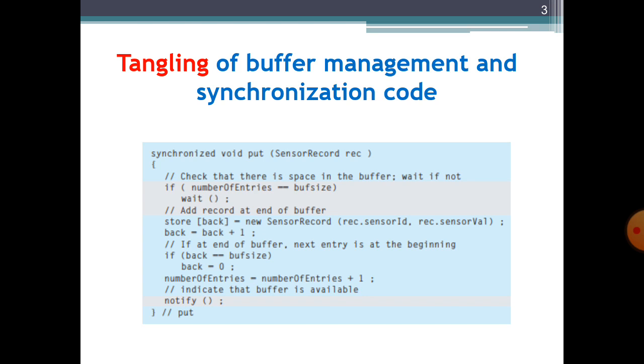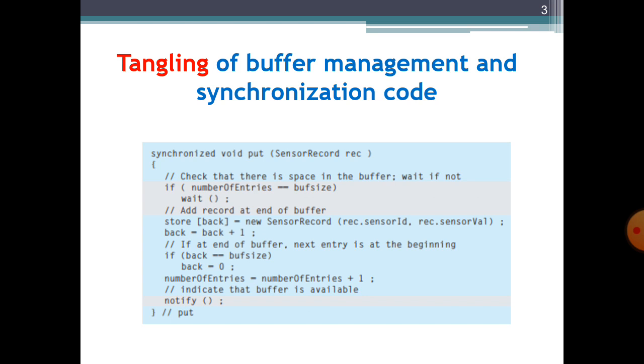I also highlighted it there to help understand the concept of tangling. As you can see in this code, the put operation adds an item to the buffer. However, if our buffer is full, it has to wait until a corresponding get operation removes an item from the buffer. So these details are unimportant.